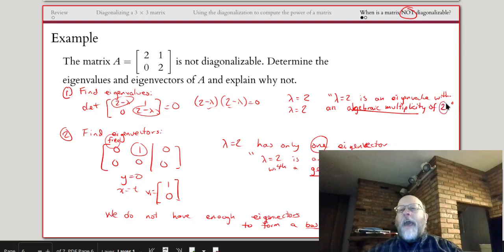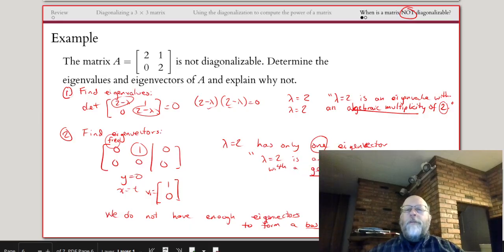And these have to match in order to be diagonalizable. If this is a repeated root, then we would have to have 2 eigenvectors to make that happen. Sometimes that happens, but it didn't happen here.